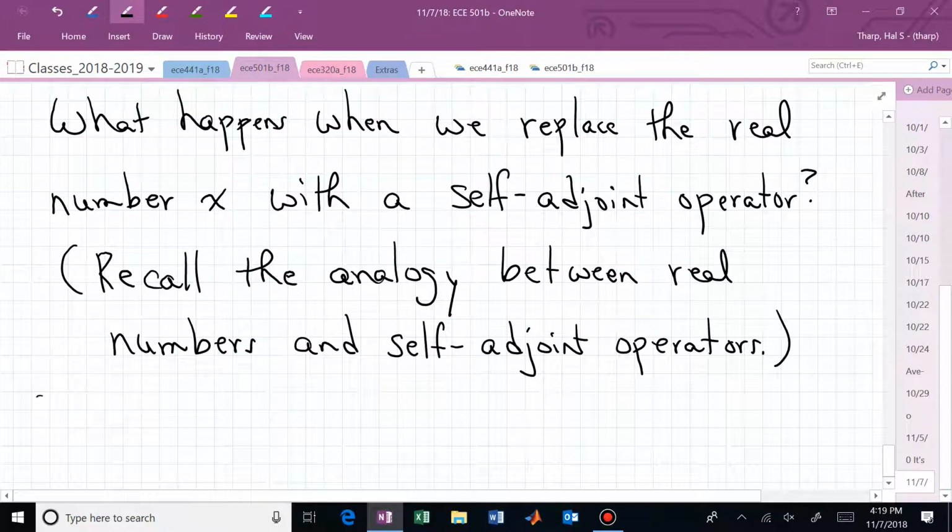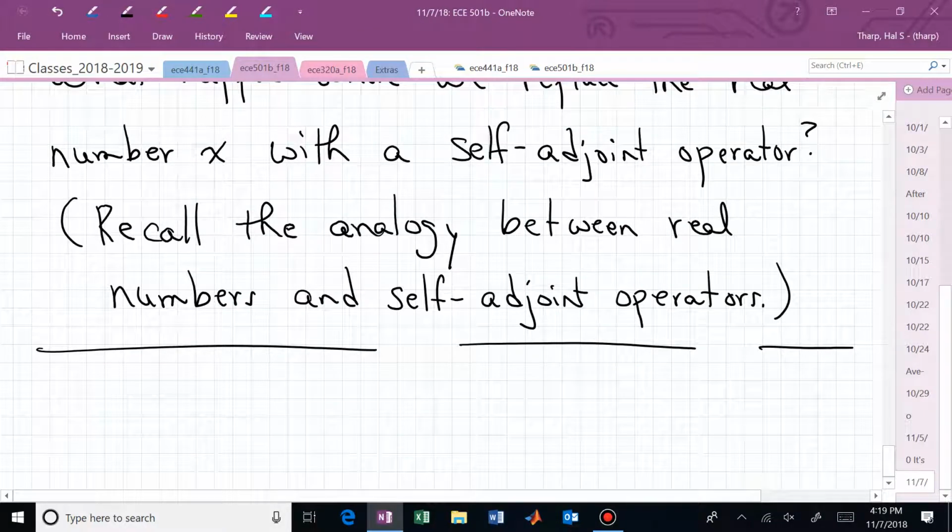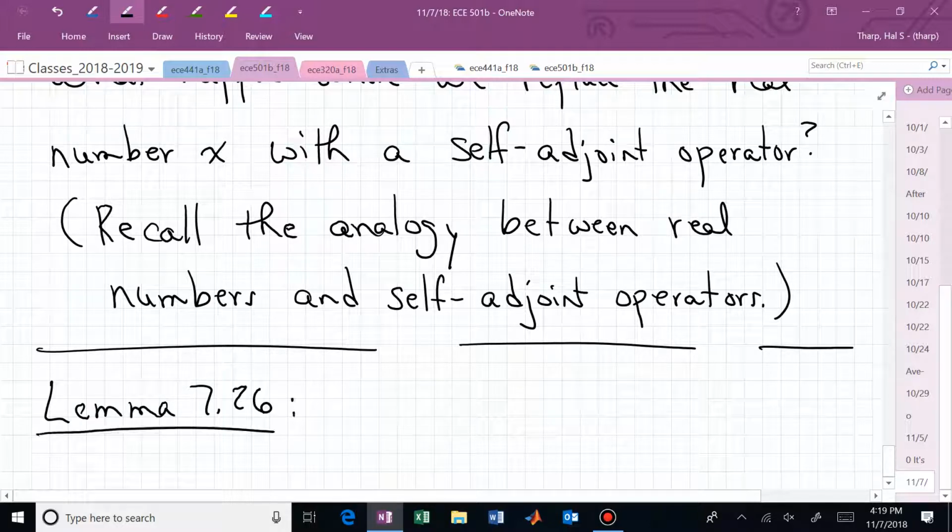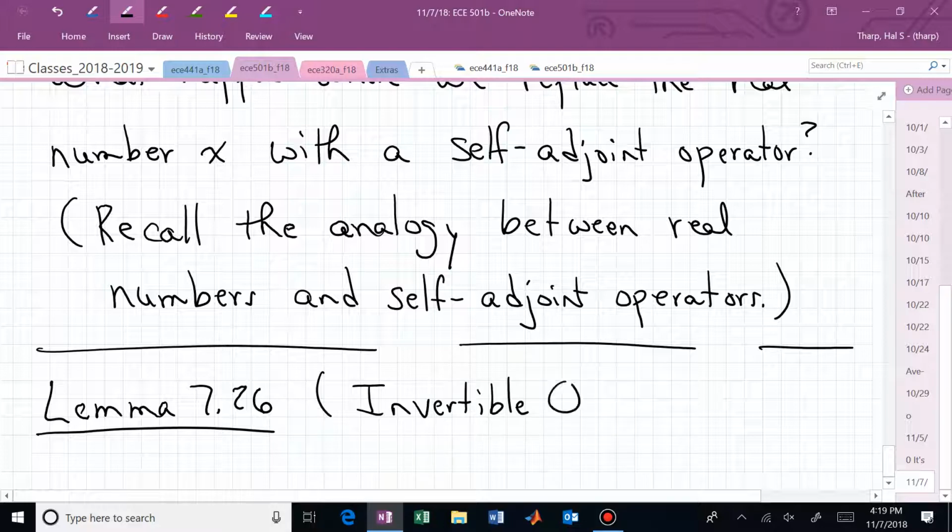And that now allows us to actually state a lemma. Lemma 26. And this lemma is concerned with invertible quadratic expressions.